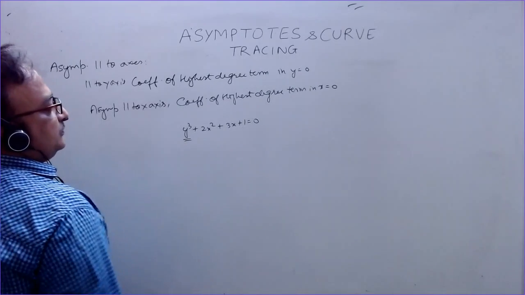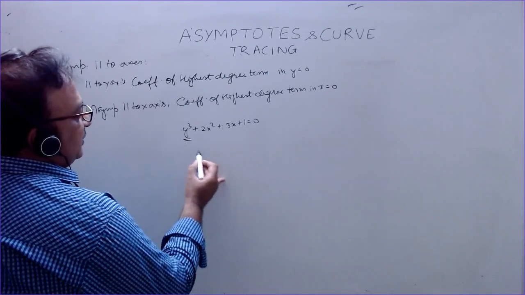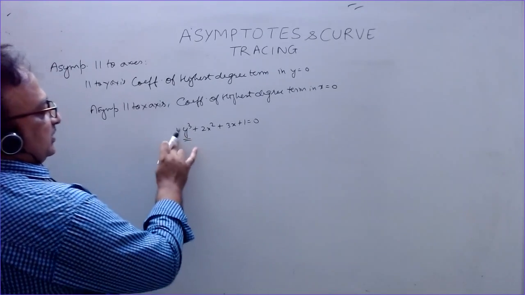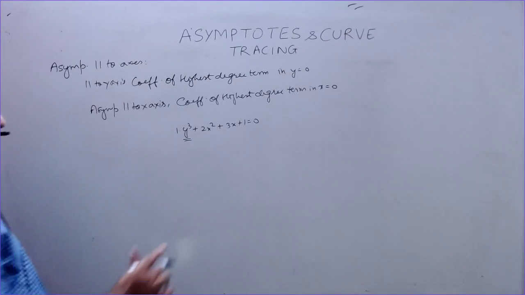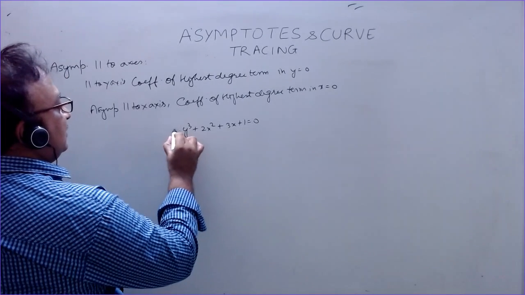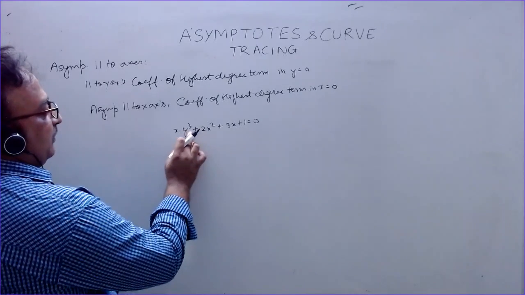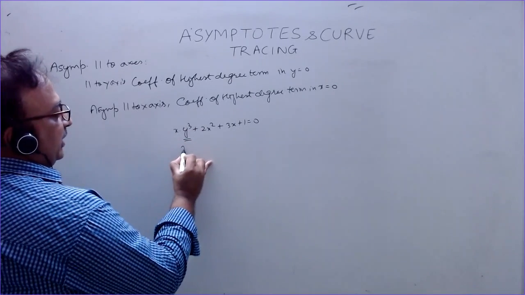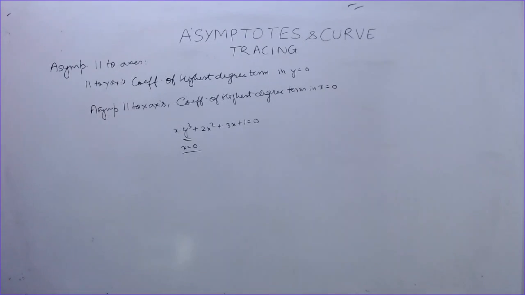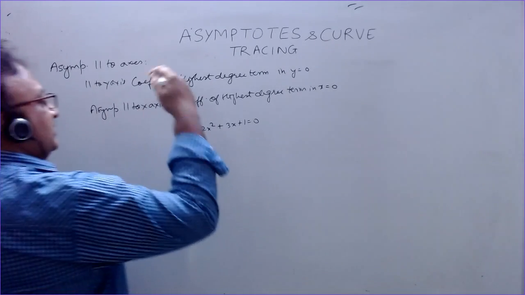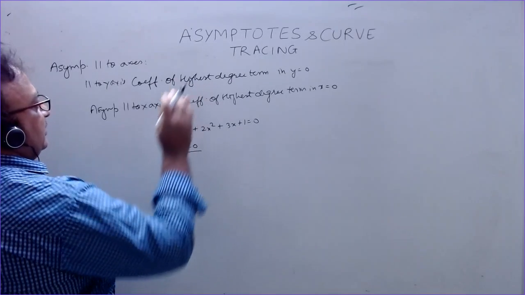Y cube, and what is the coefficient of this? 1. So this is constant coefficient. It means there is no asymptote parallel to the y-axis. In case it would have been like this, then highest power of y is having coefficient x equal to 0. That means y-axis itself is the asymptote.